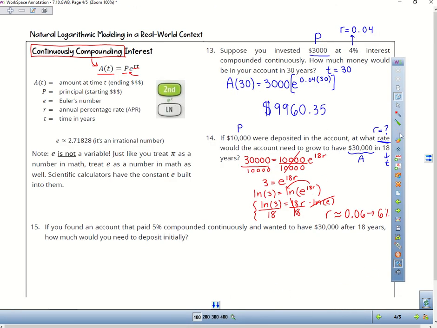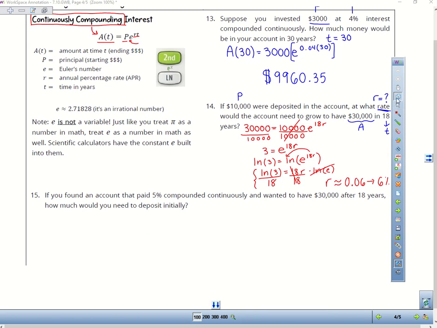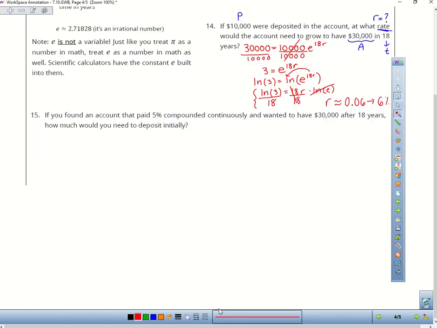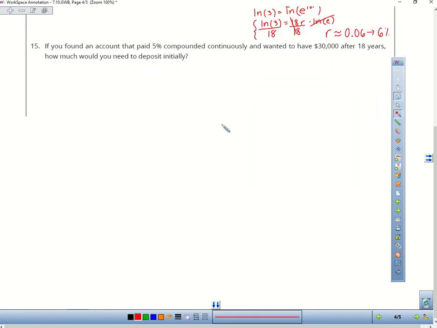All right. So number 15, unfortunately I can't zoom it in because it's a long one. If you found an account that paid 5%, convert that to a decimal, compounded continuously, tells me I need to use that formula, and you want to have 30,000.